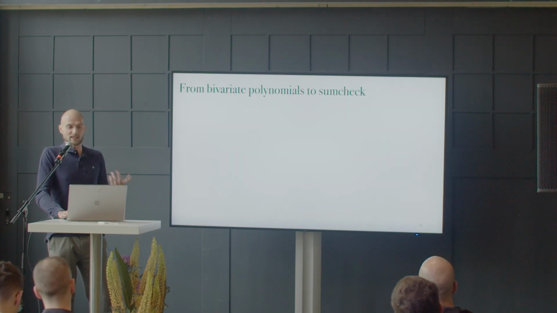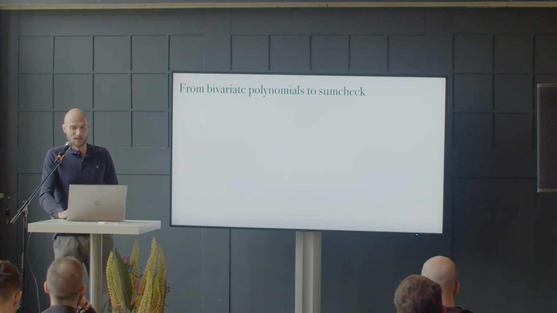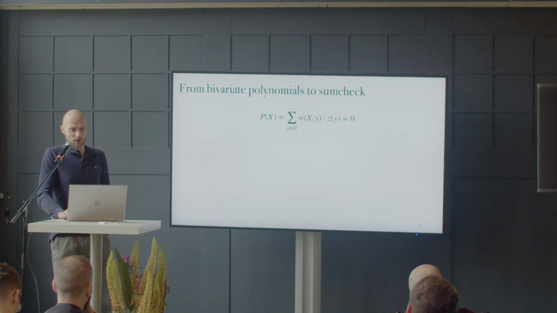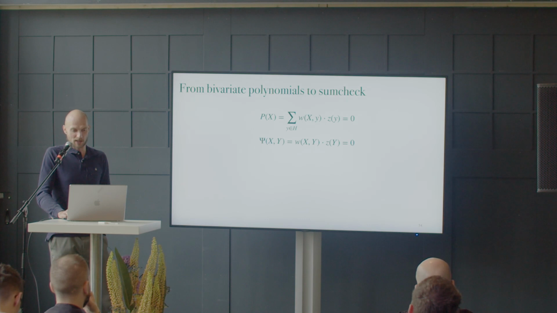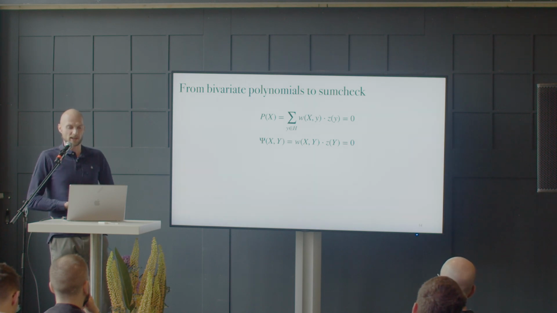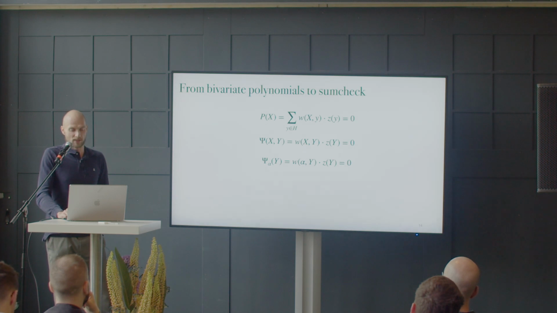Okay, so that allows us to continue with our considerations on polynomials. In this picture we have this polynomial p, and now we introduce a new polynomial, phi(x, w). We introduce a second variable just to get rid of the sum for a moment. But then we also fix the first coefficient.